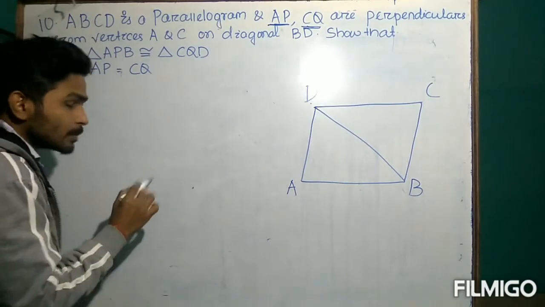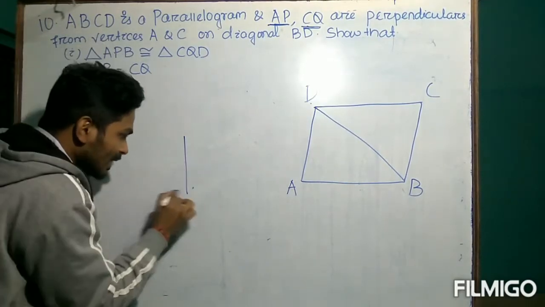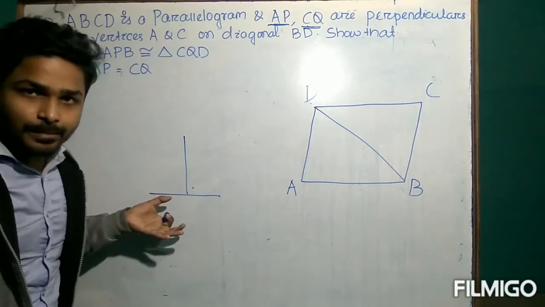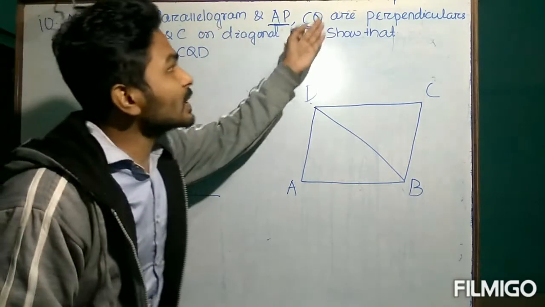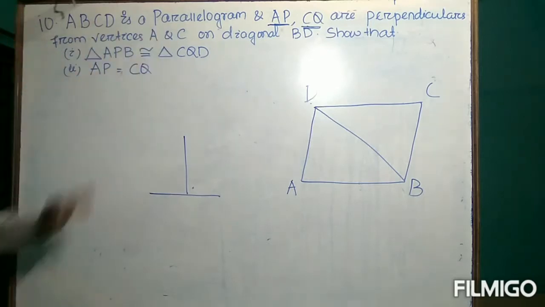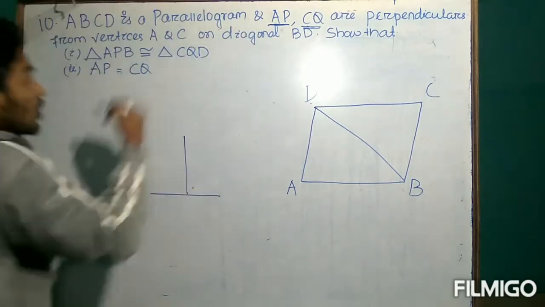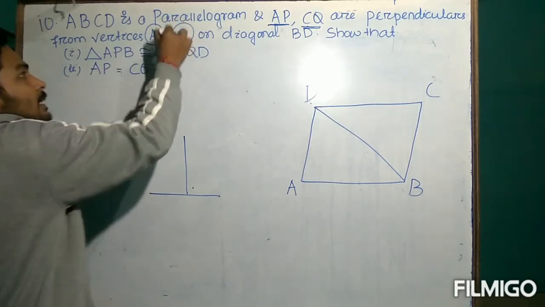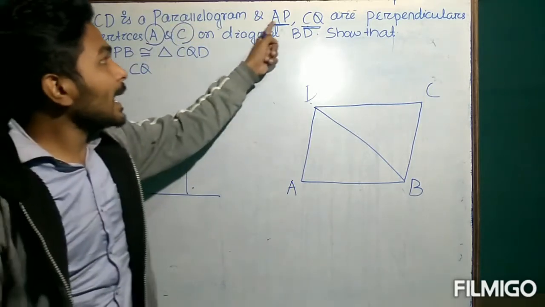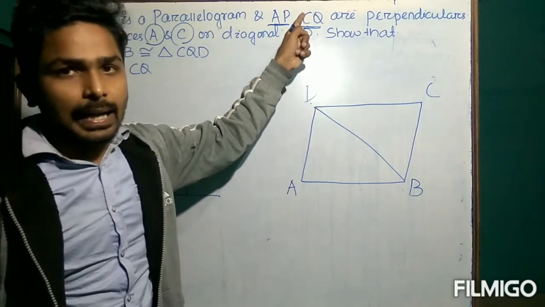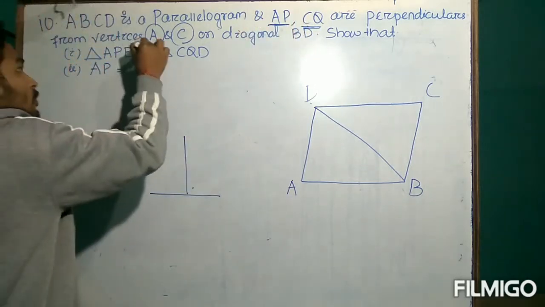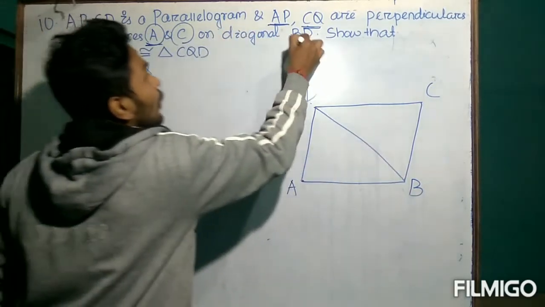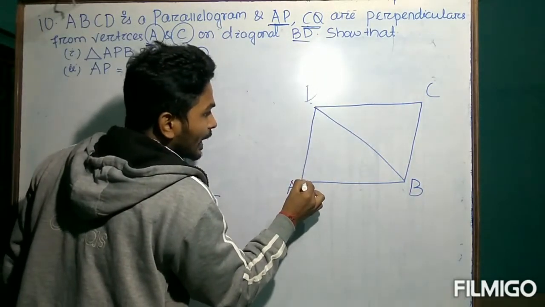Perpendicular means a line which is perpendicular to another line. So AP and CQ are perpendiculars, and these are drawn from vertex A and vertex C. It means AP is a perpendicular line drawn from A on BD, like this.